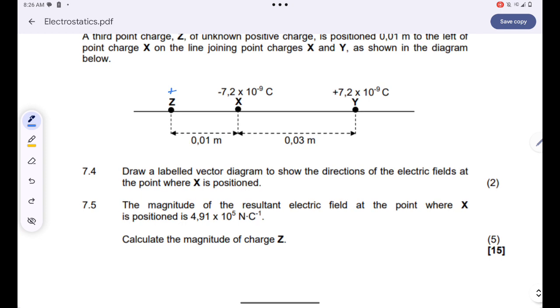Remember that, guys, electric field is always in the same direction as the electrostatic force.